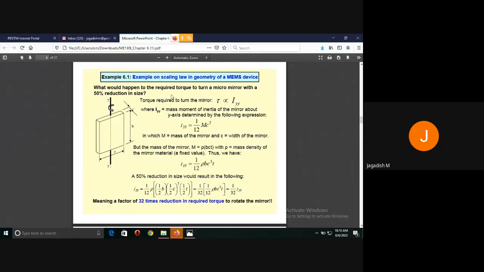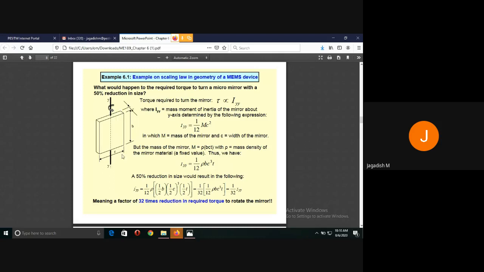Here there is a question: what would happen to the required torque to turn a micromirror? So this is a micromirror. What would happen to the required torque, represented by tau here, with a 50% reduction in size? So say for example, if I apply a force, that force is nothing but a torque.